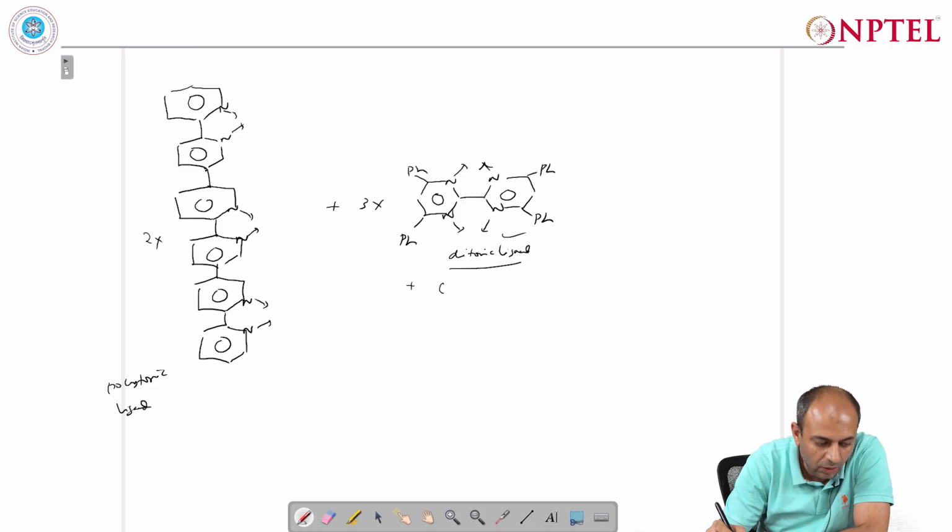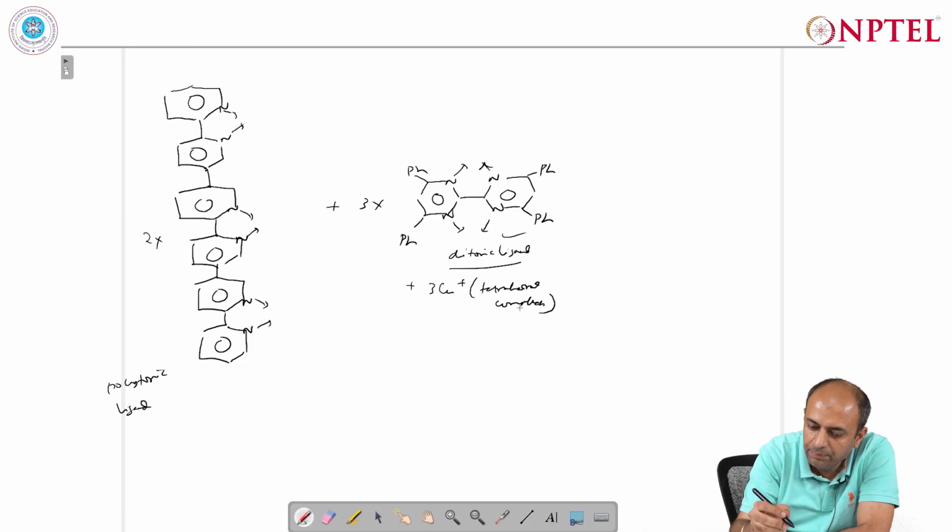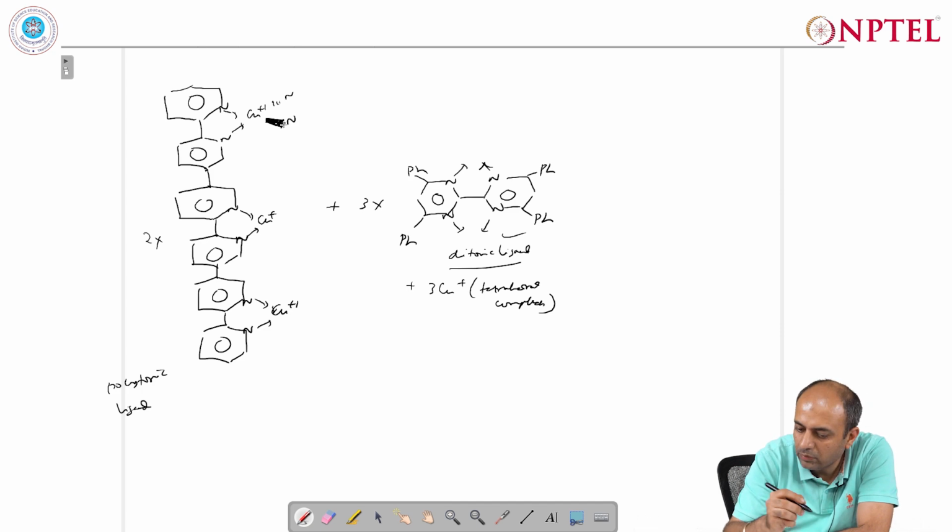And we now add copper(I), because copper(I) forms tetrahedral complexes. So now we have the copper here, the copper here, the copper here, and this is going to bind with the nitrogen, right? And here you will see that it forms the disc-like arrangement.